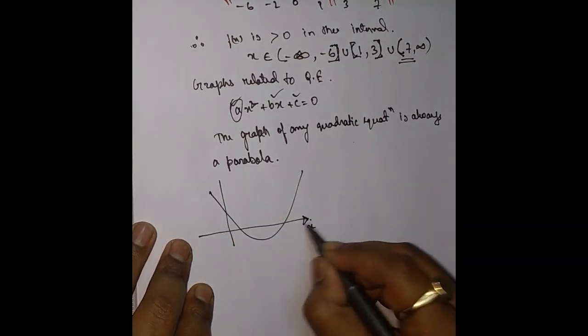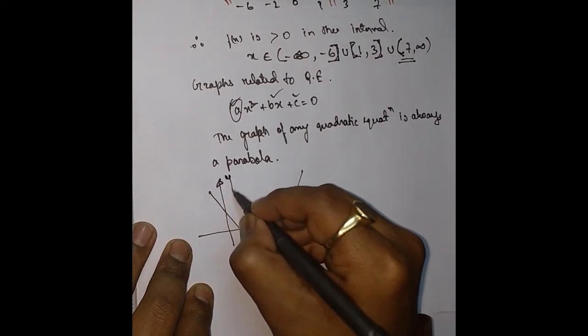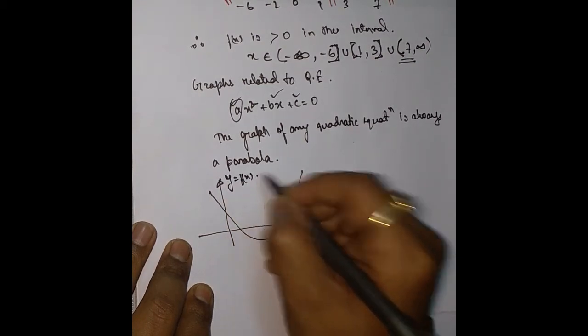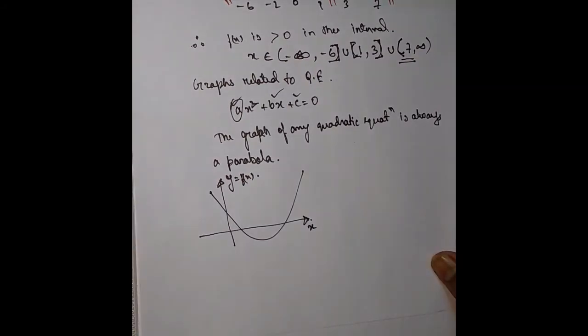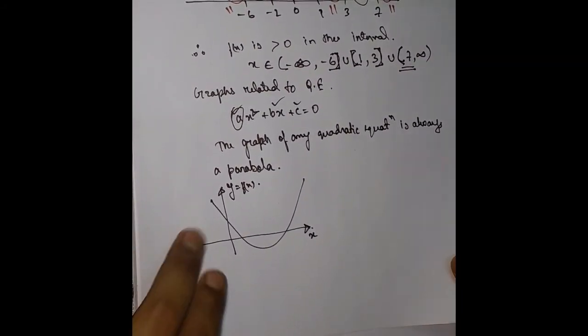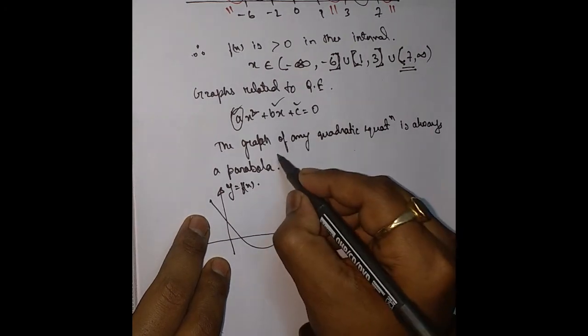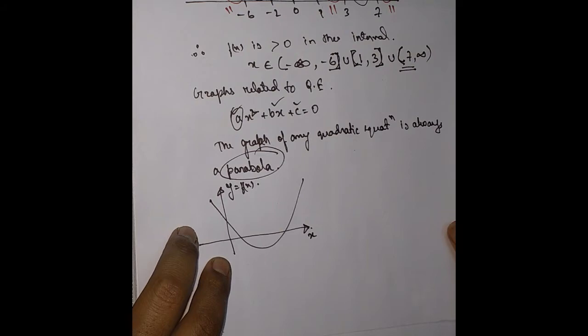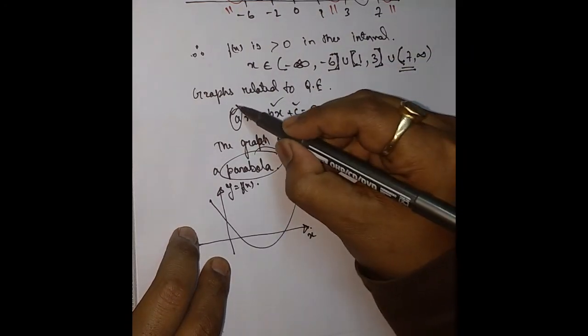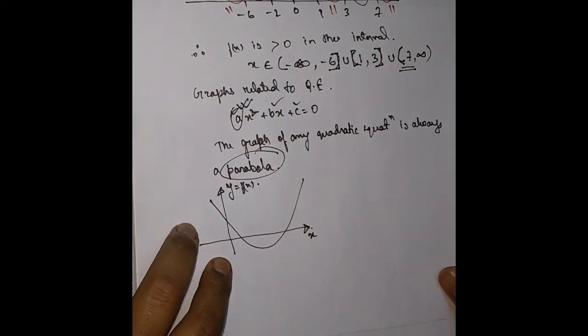Here the values of x go, and here f(x), y, whatever you call it. Remember, it is always a parabola, and parabolas are of the form like this. This coefficient a plays a very important role, and I'm going to tell you how.